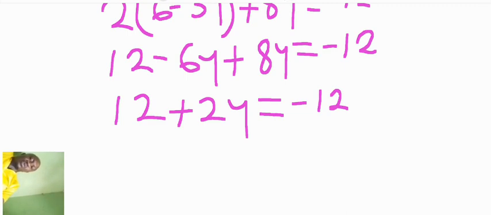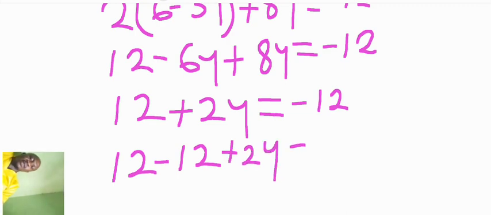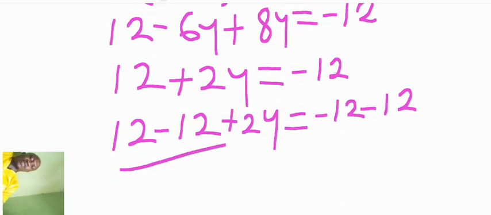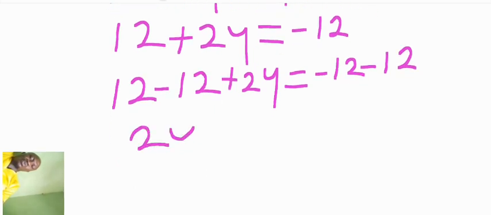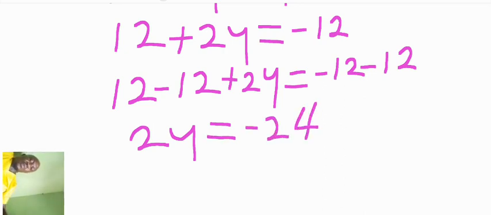So if you do that, you are going to have 12, because the additive inverse of 12 is negative 12, so 12 minus 12 plus 2y is equal to negative 12 minus 12. So clearly, this part will be 0. So I have 2y is equal to negative 24.